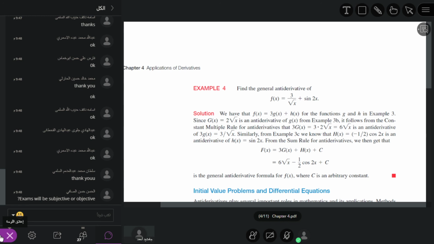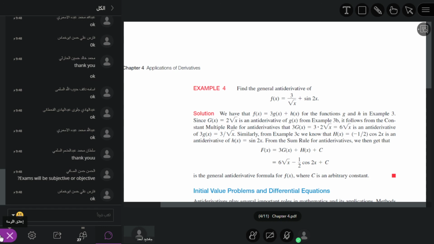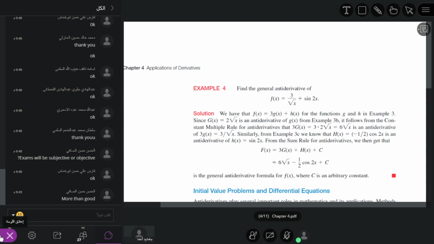It will be objective, because if it is on Blackboard, how can we evaluate your expertise? If it is subjective, how can we check this? So it will be objective, inshallah.